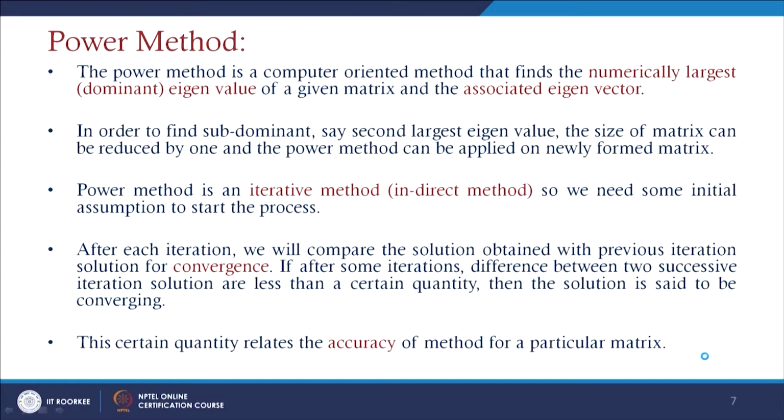After each iteration we compare the solution obtained with the previous iteration's solution for the convergence criteria. If after certain iterations the difference between two successive iterations achieves the desired degree of accuracy, we can stop the iterations, and that solution is said to be a converged solution. This certain quantity relates to the accuracy of the method for a particular matrix.